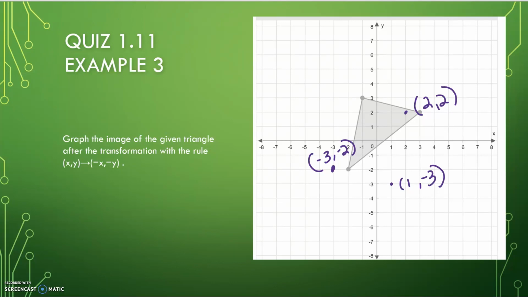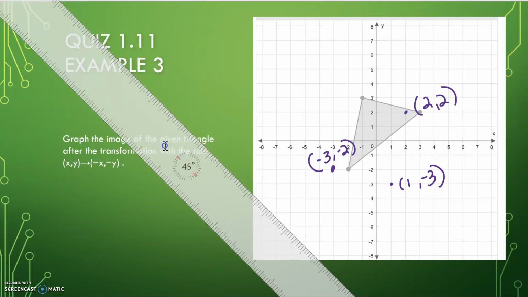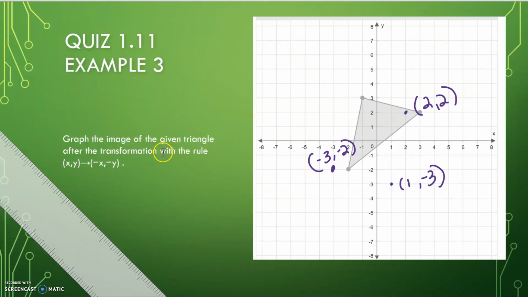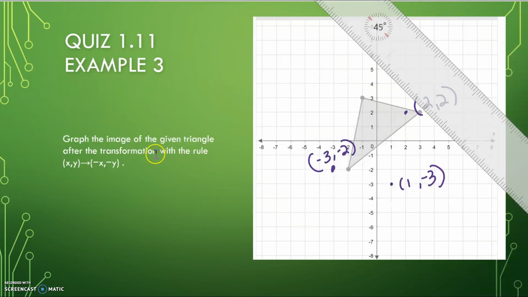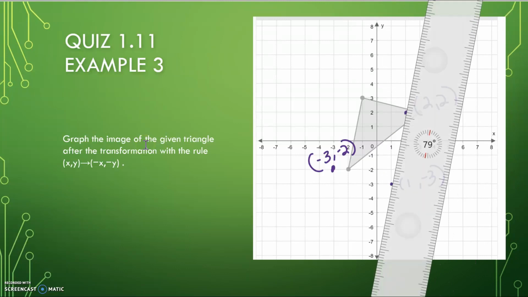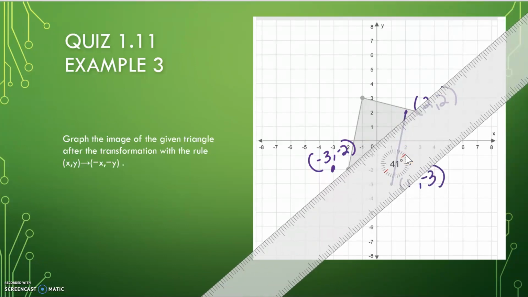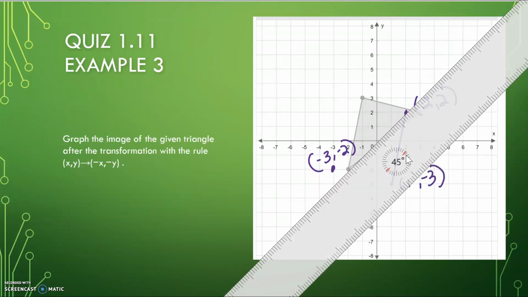Let's see if we can. A ruler. Of course, yours is going to do this for you.